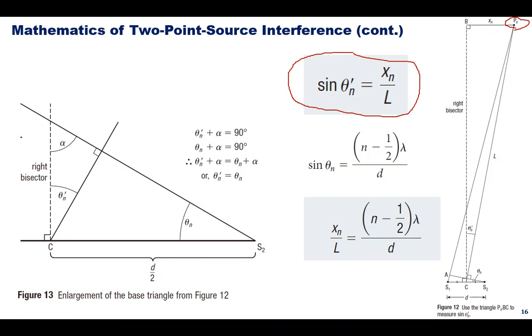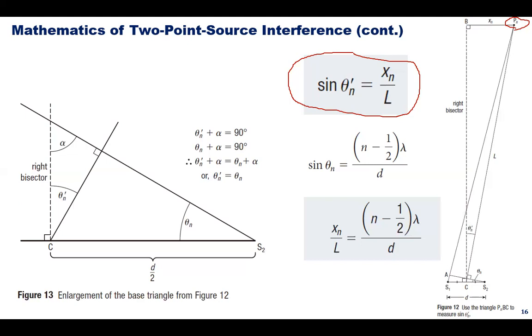Okay, can you see the relationship here? This is your theta n prime. Sine theta n prime equals the opposite side xn over the hypotenuse L. Okay, so figure 13 here on the left side is an enlarged version of the triangle with base CS2 in figure 12.